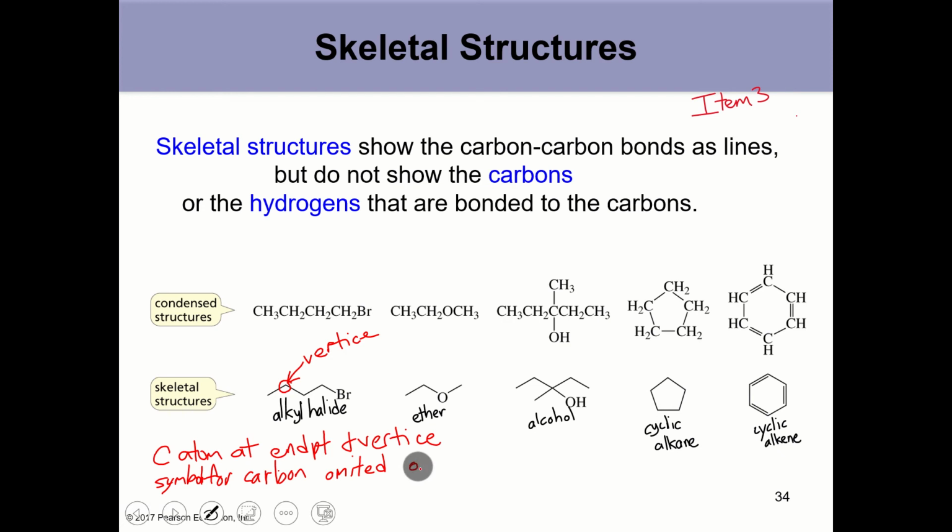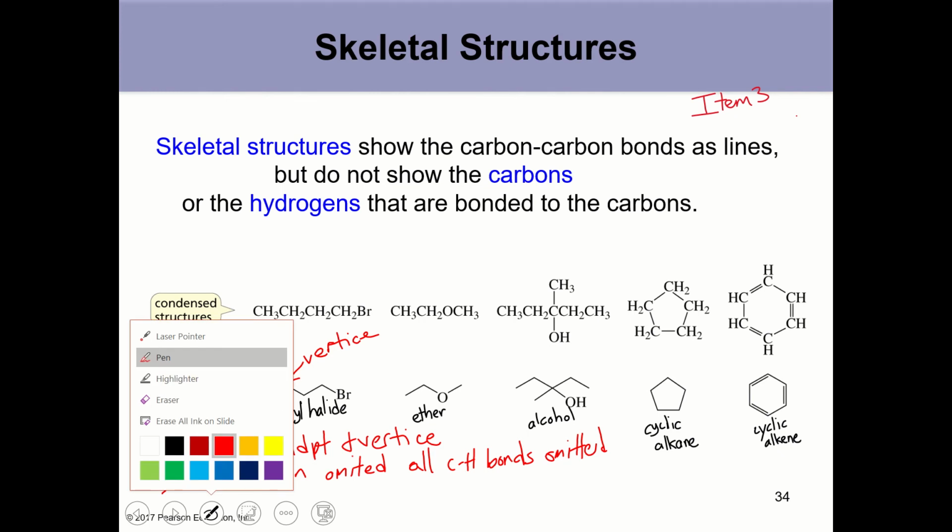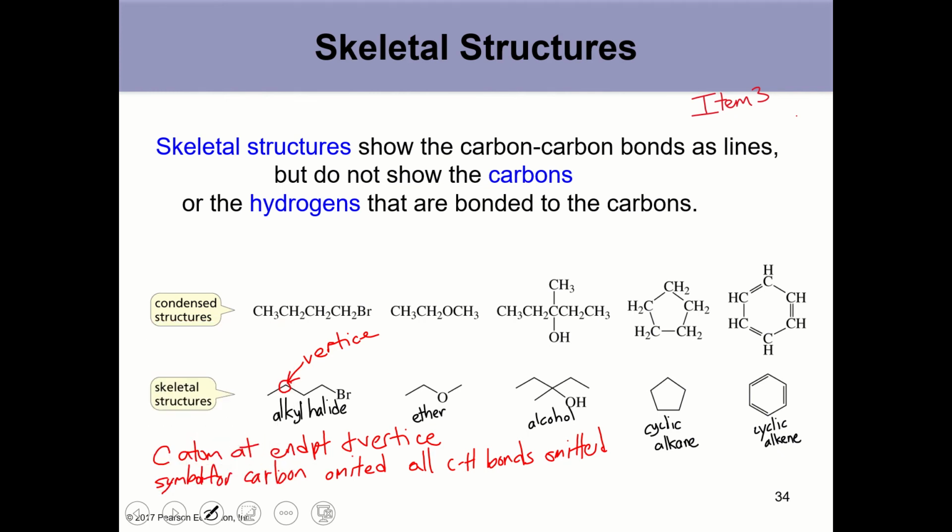In addition, all C to H bonds are omitted. But you still know they're there. And why do we know they're there? Because we can identify where the carbons are. So let's look at the second molecule in the line.